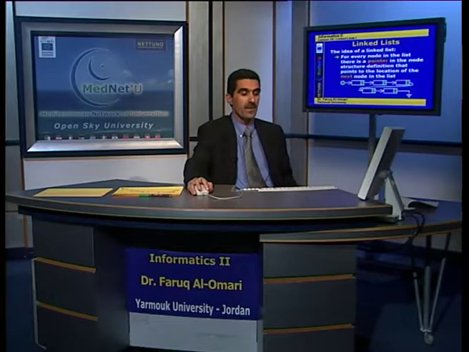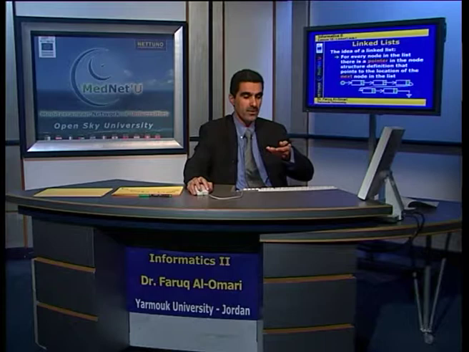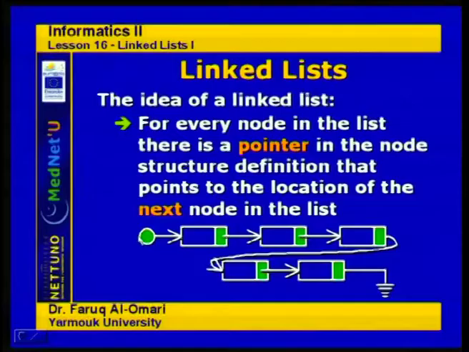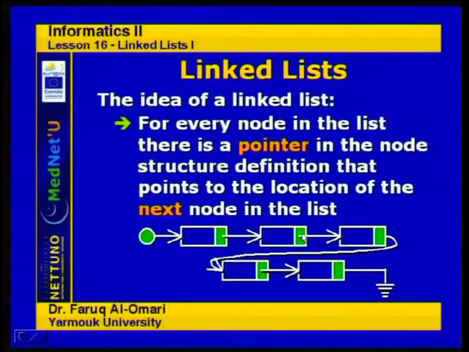And in the definition of the structure of each node, I have a pointer that points to a node. So the pointer here is of the same type, which means it points to a structure of this type, called node or list node. So this one points to the next, and at the end of this next one, I have a pointer that points to next, and so forth to the last one, and the last one points to null. And we're using graphically this symbol to indicate null.